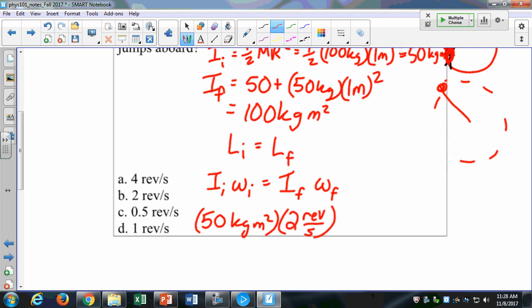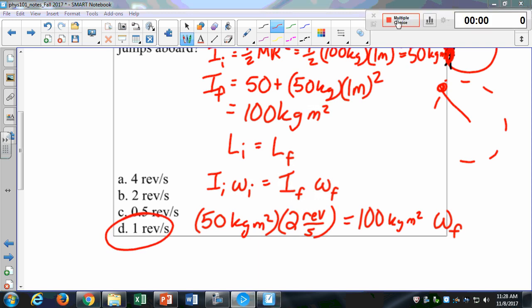Remember, I can keep it in revolutions here. And I final is 100 omega final. Since my moment of inertia has gone up by a factor of 2, my angular velocity is going to go down by a factor of 2. So it's going to be equal to 1.